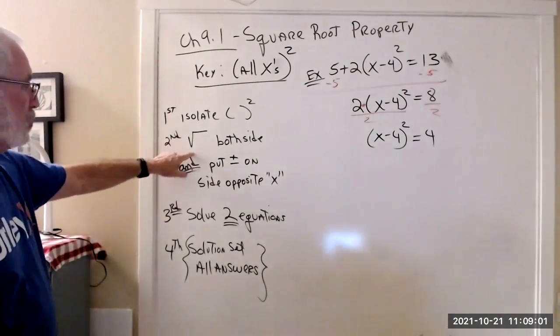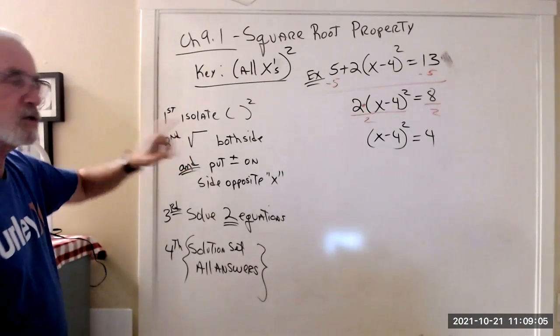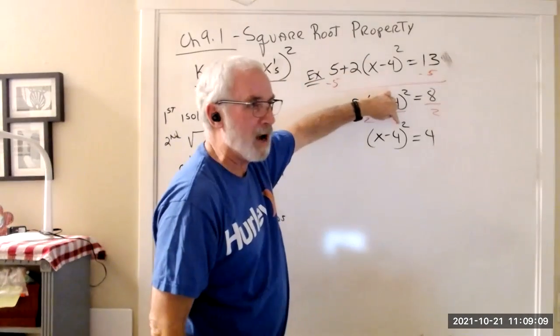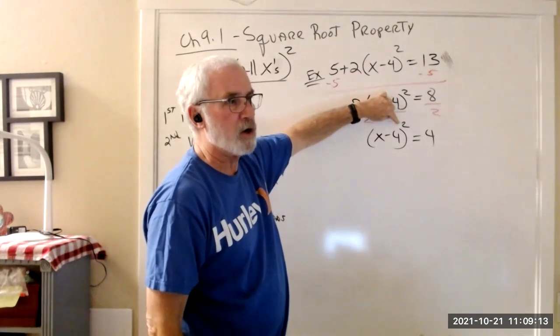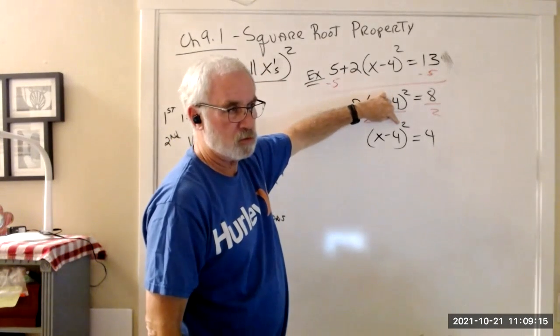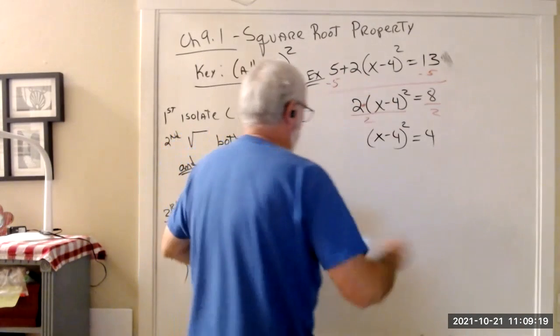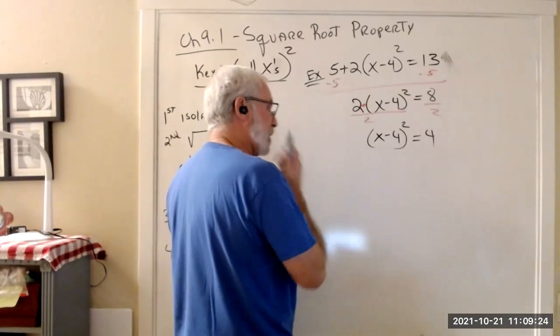Step number 2, we're going to square root both sides. Why? Because to get rid of a square power, the only thing that gets rid of a square power is a square root. Okay, remember we had that formula. Well, in fact, we're using it quite a bit in chapter 8 intermediate.